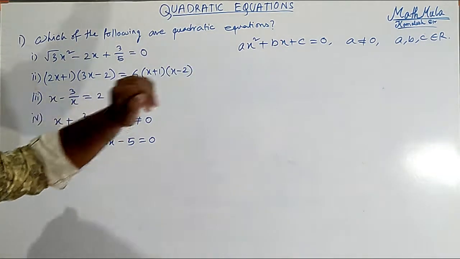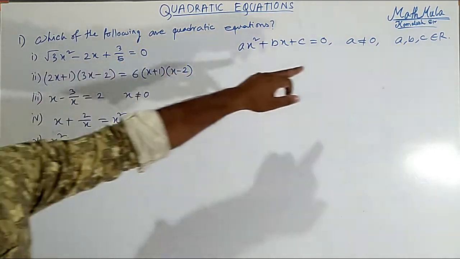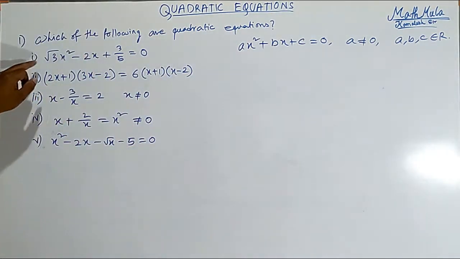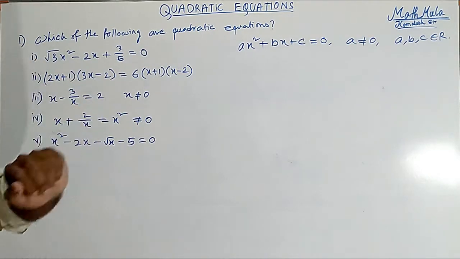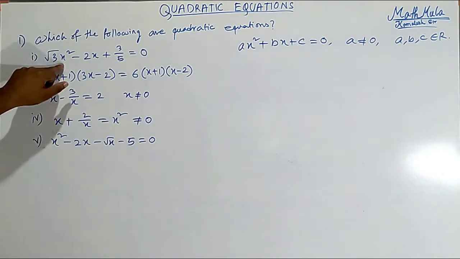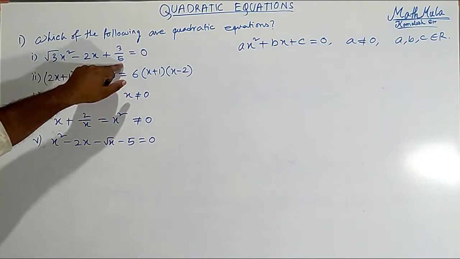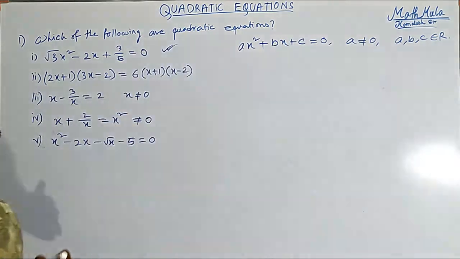Now comparing this, root 3, minus 2, and 3 by root 5 are all real numbers, and the first number a, that is root 3, is not equal to 0. Satisfied? Now we have to check the power of variables. The first is x square, then x, then constant term. So this is a quadratic equation.